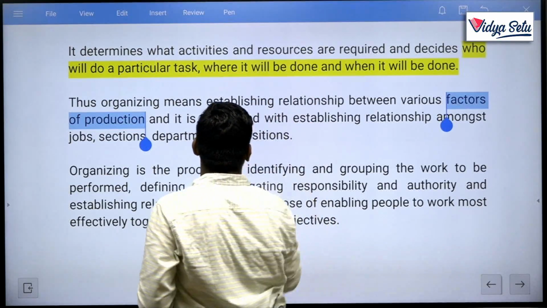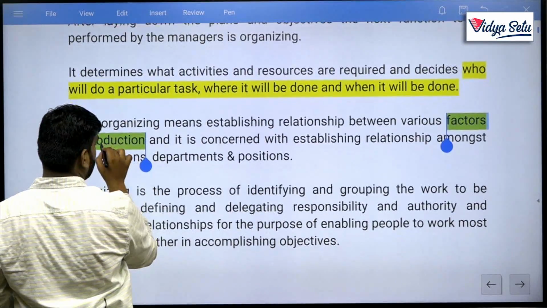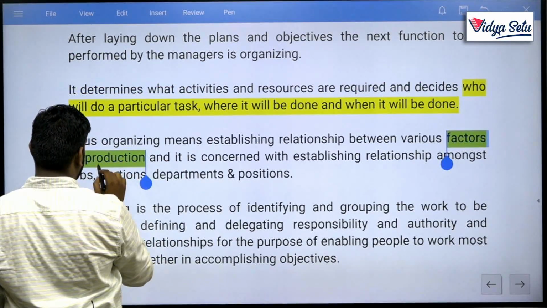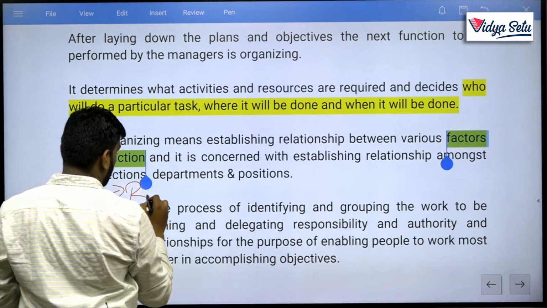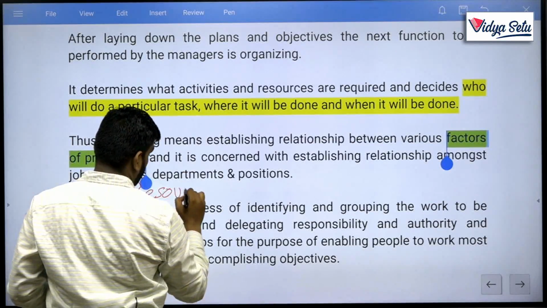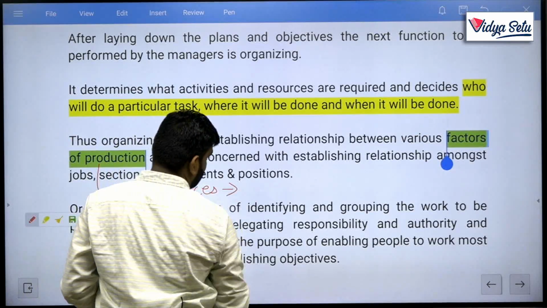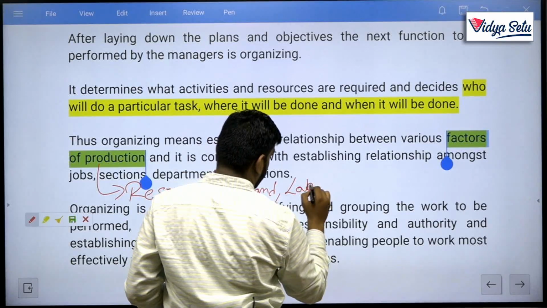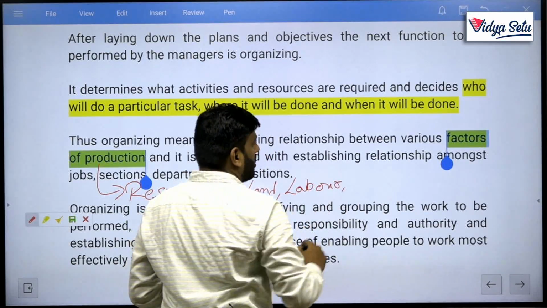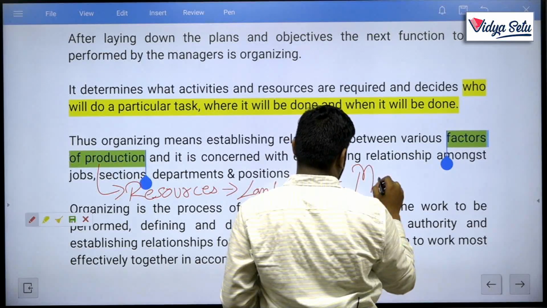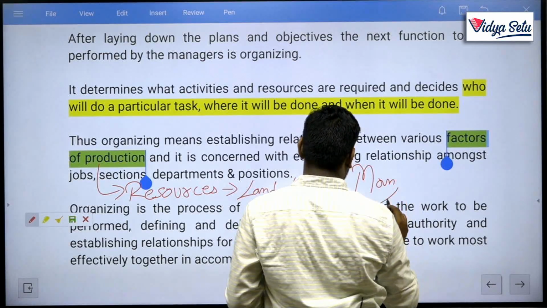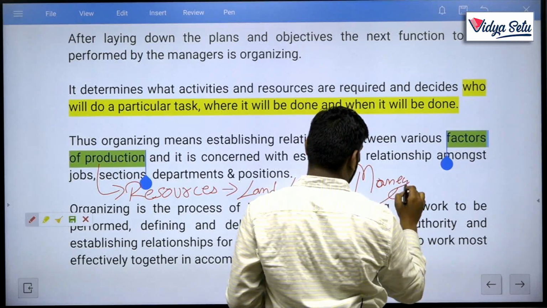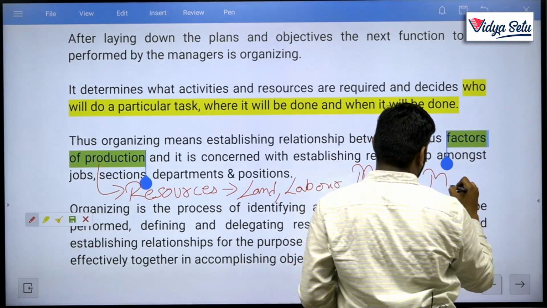Factors of production generally deal with resources, like land, labor, men, money and material.